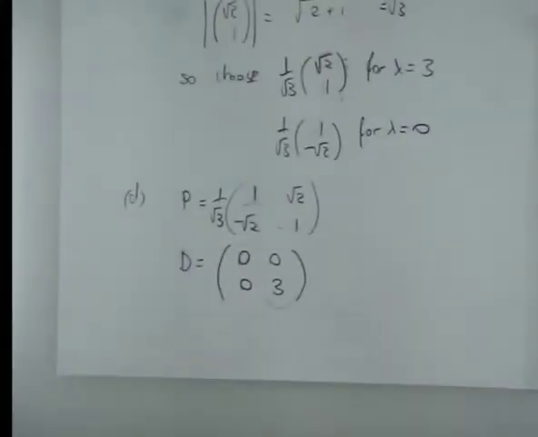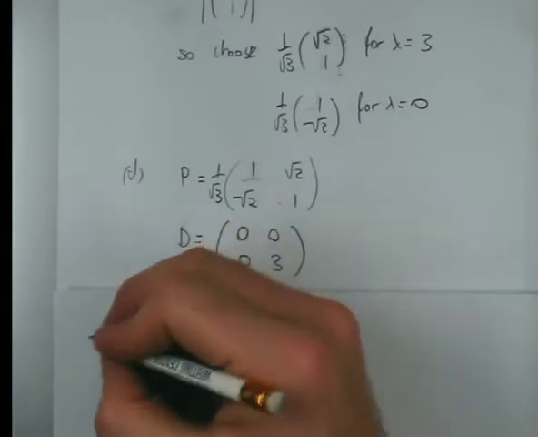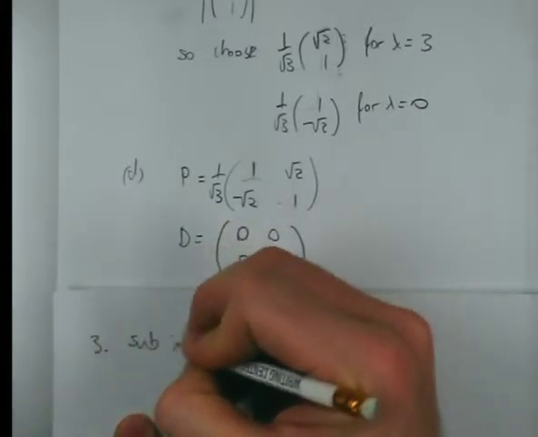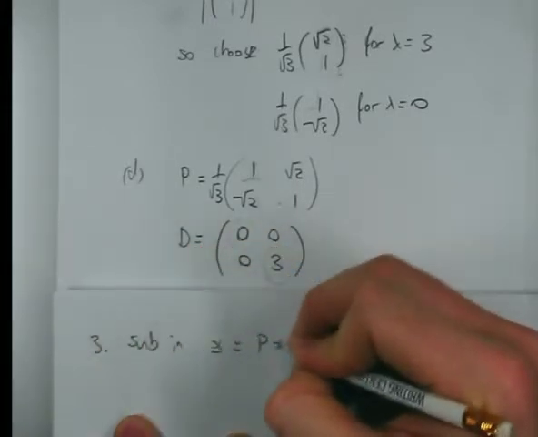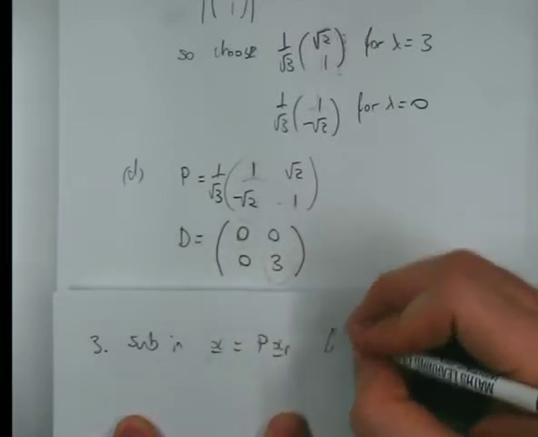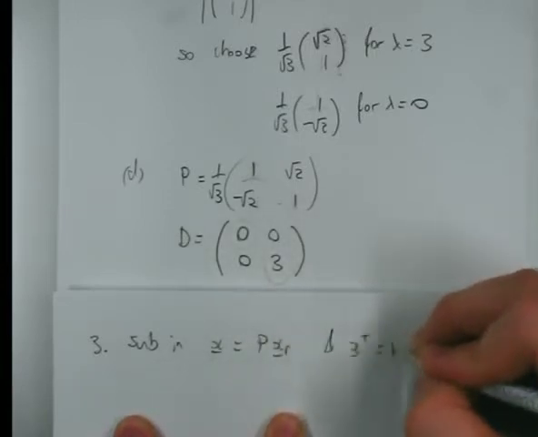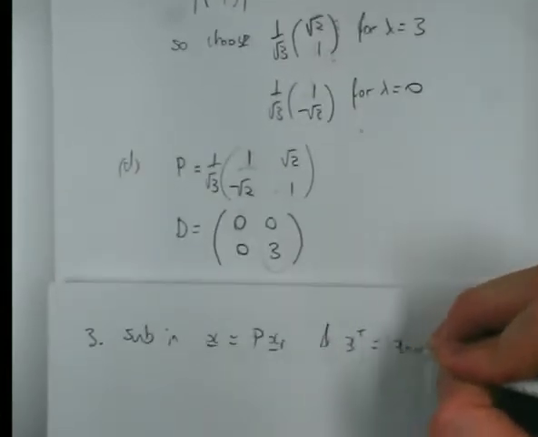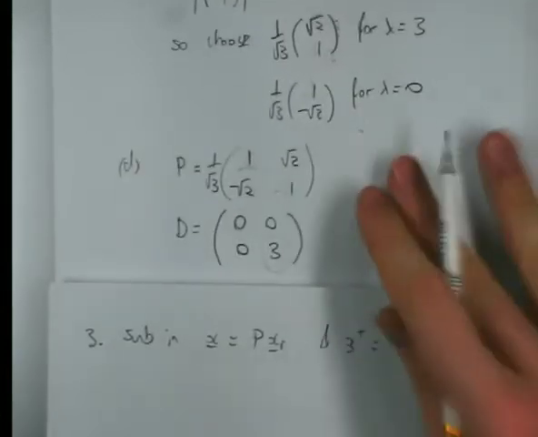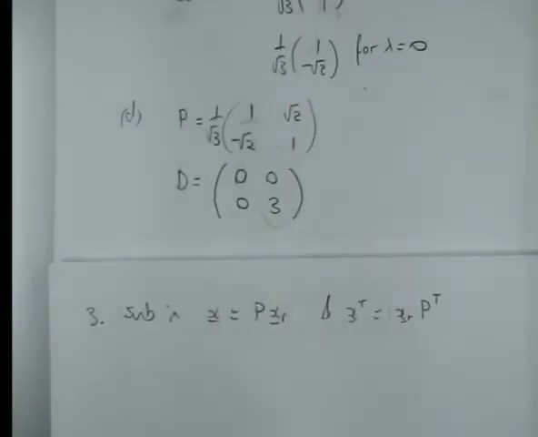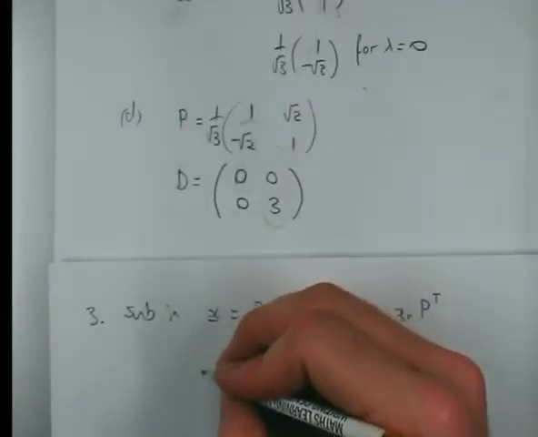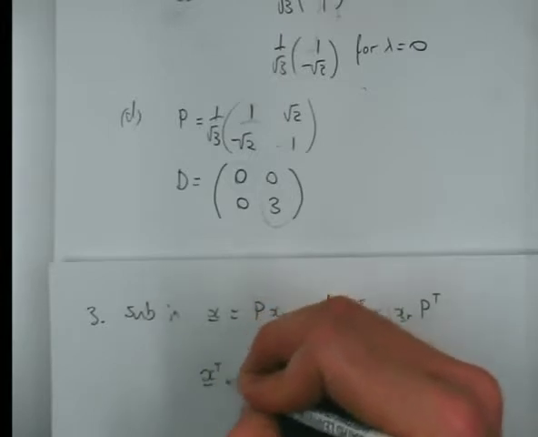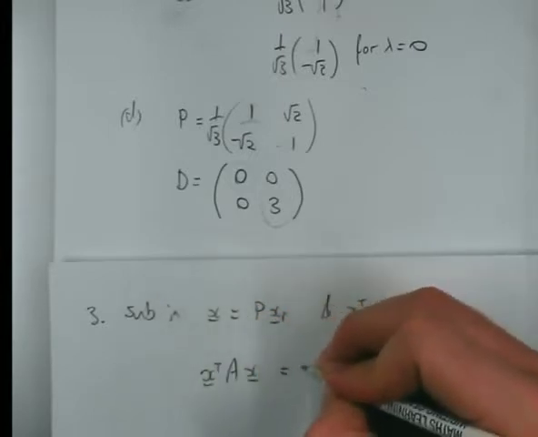And then part 3 says I need to sub in x equals P x_R and x transpose equals x_R transpose P transpose. So I'll go back to my original matrix equation, which was x transpose A x equals 12.